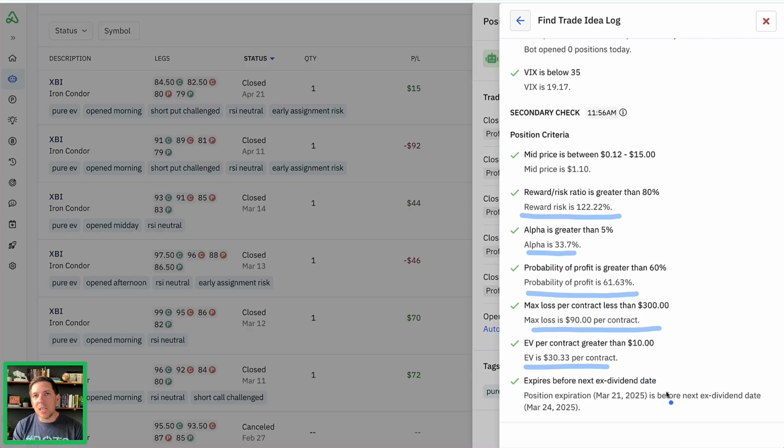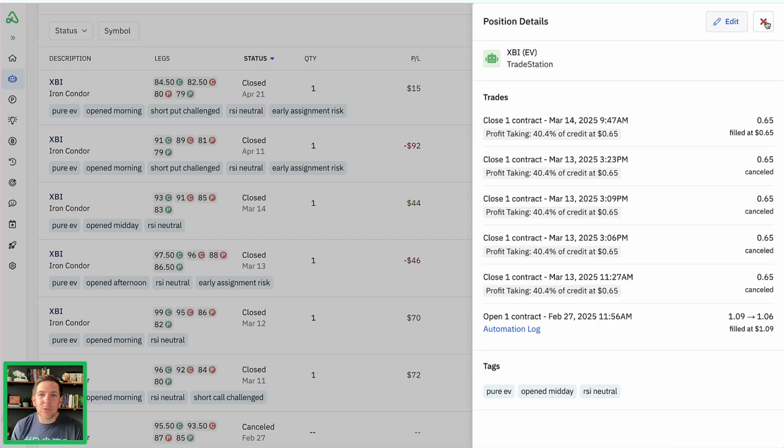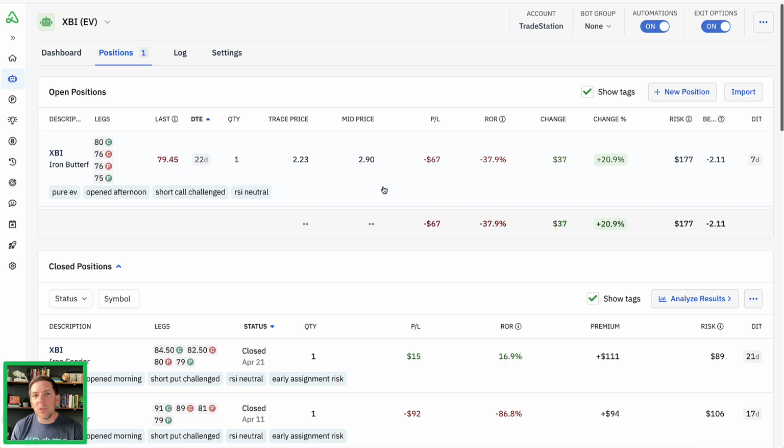So you can actually see the entire history, log, data and information for all the trades that you make. Again, this happened exactly at 11:56 in the morning. And so this is what we want from our trading strategies, right? We want to be able to find these opportunities and then execute them when they're present, because they may not be present right now or when you're looking, or you might be looking at different strikes.